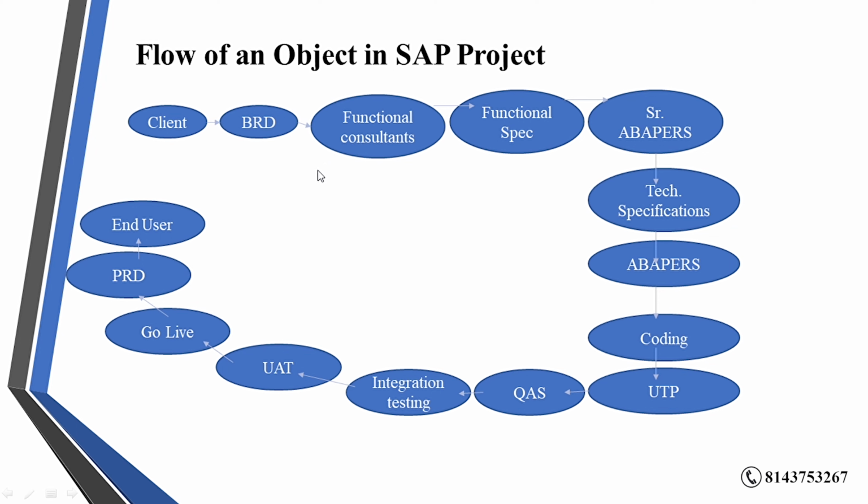Okay. So functional consultants will analyze those business requirements and they will prepare some functional specifications, what they want to do and what type of configurations they want to do, like that.